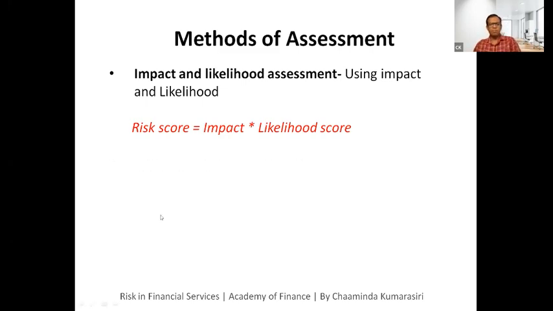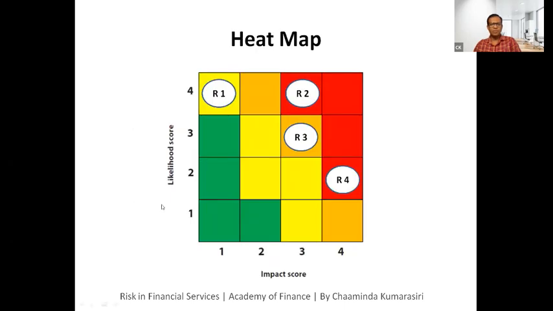But I will come back to this slide after I show you this. Here is an example. This is called the heat map. Depending on certain calculations, you can identify different levels and have a score. For likelihood, you can have 1, 2, 3, 4, based on your probabilities, maybe up to 25%, 25 to 50%, 50 to 75%, 75 to 100%.